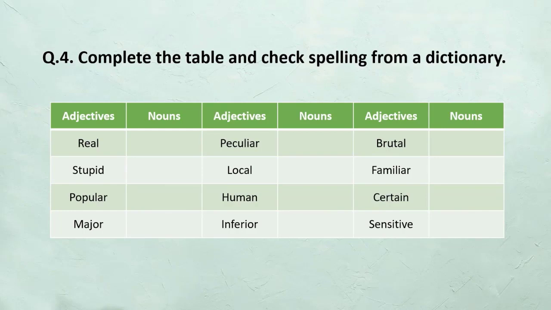Students, just keep in mind you have to use the ty or ity suffix to make it a noun. Just think for a while and we will go towards our solution.